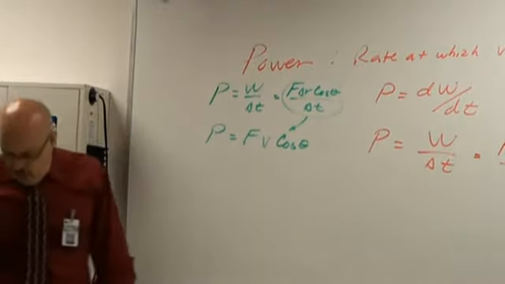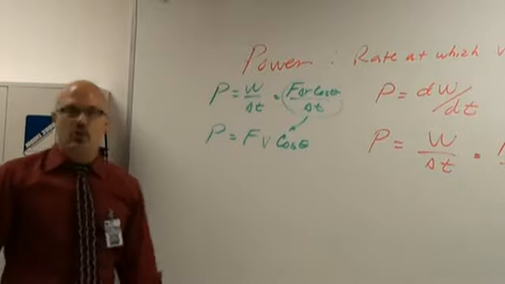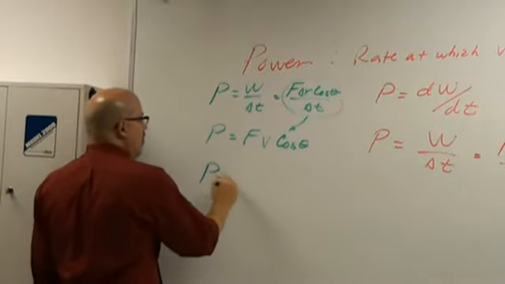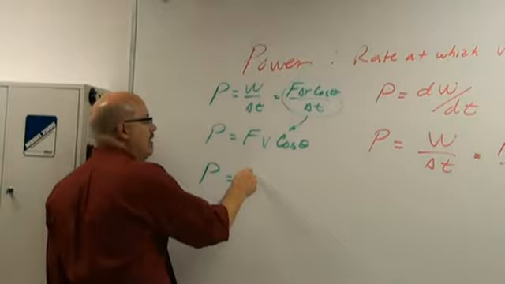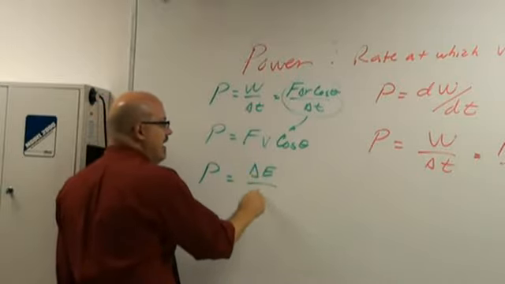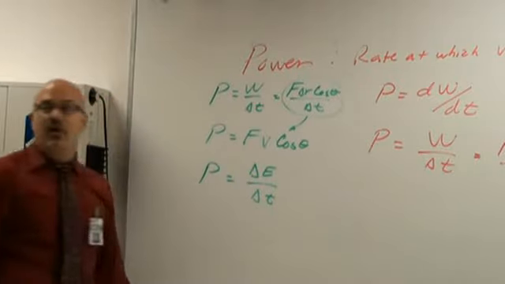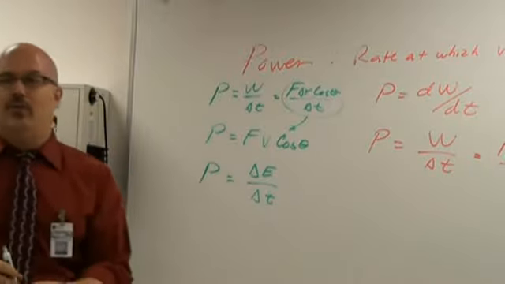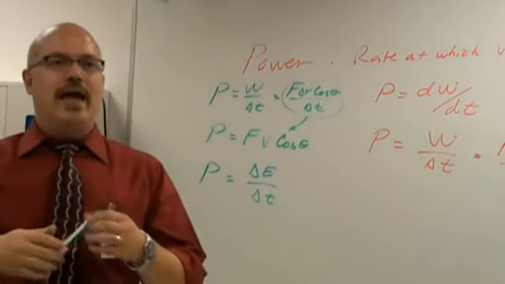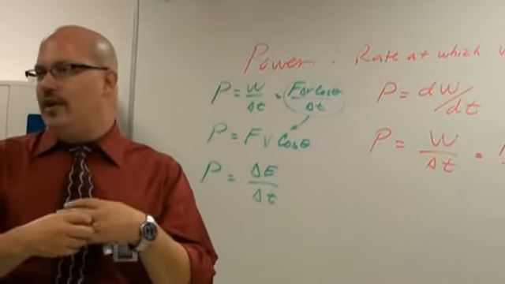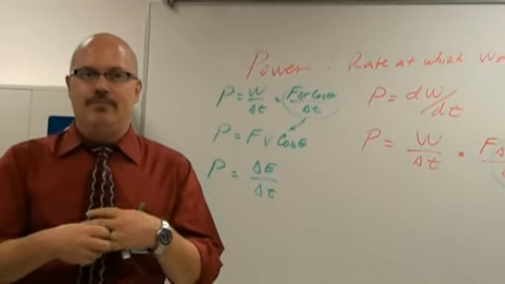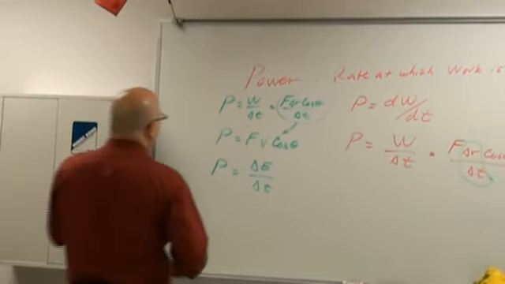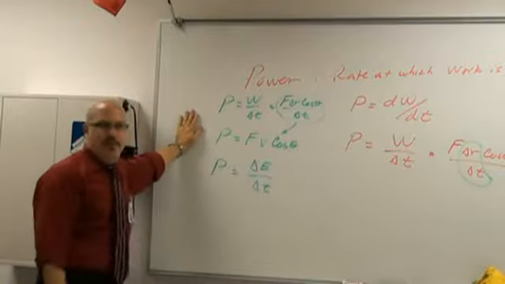Okay? And then there's one more, because what does work do? Changes energy. Work changes energy. So the amount of energy change over change in time is also our third and final way to figure power so far. We'll actually have about 3 more ways to figure out power once we get to electricity. Okay? But these are our mechanics ways to figure power.